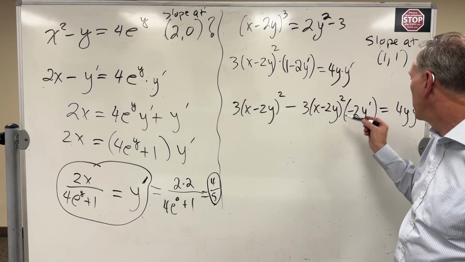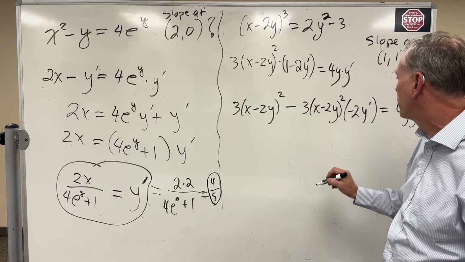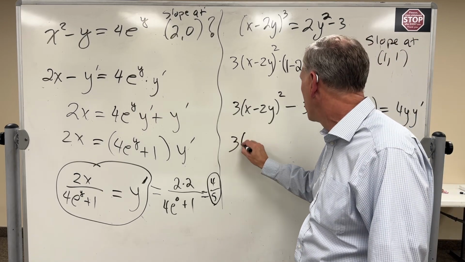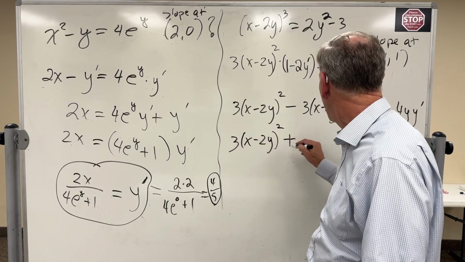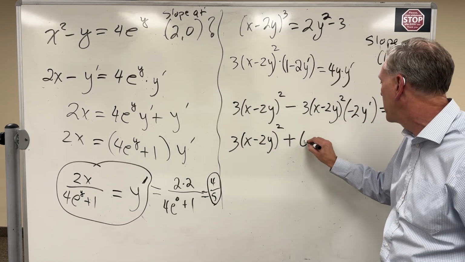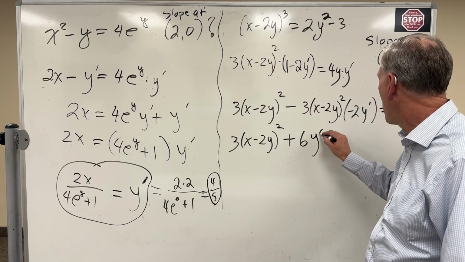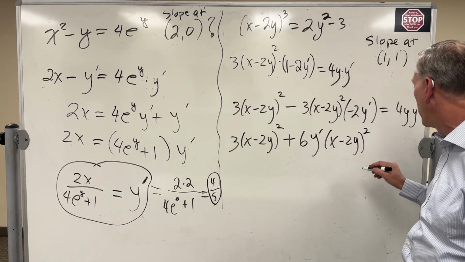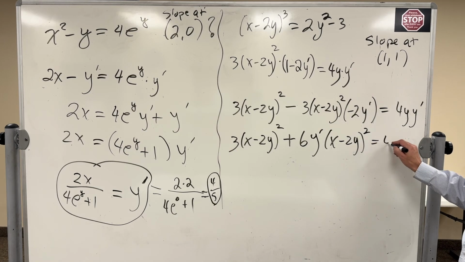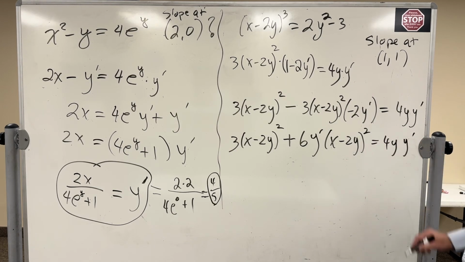You can see we can minus a minus and 2 times 3. So this is 3(x - 2y)^2 plus -3 times -2, 6y prime times (x - 2y)^2, equal to 4y prime.